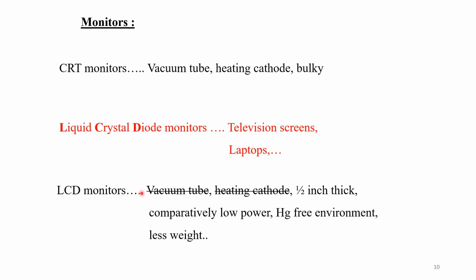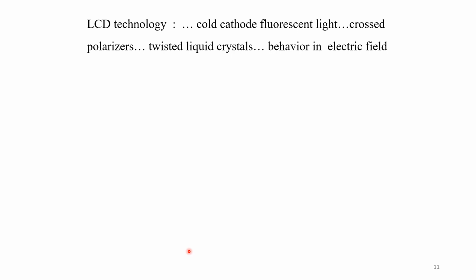In the case of LCD monitors, we now have a very thin one, which may be of the order of half an inch thick. It is comparatively low power. It is free from mercury and it weighs less. And this is the LCD technology.